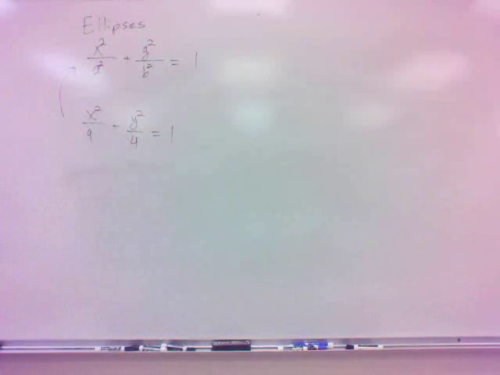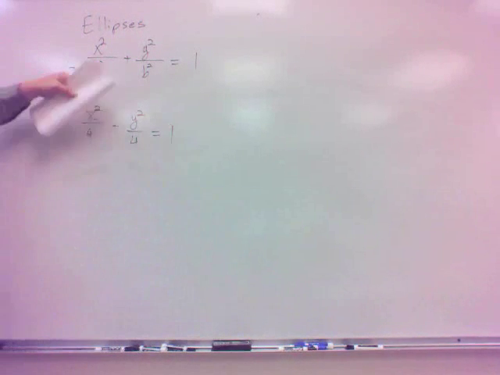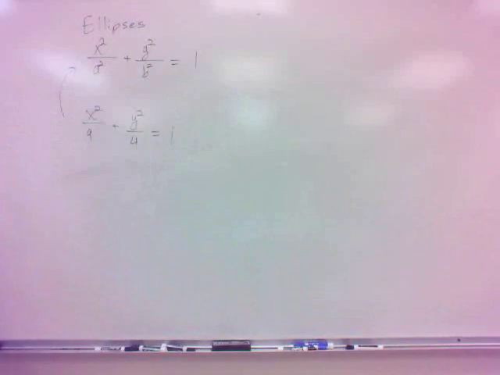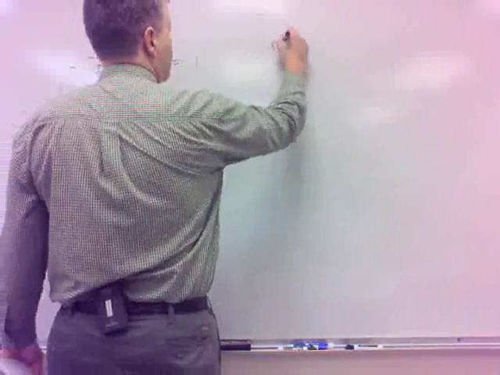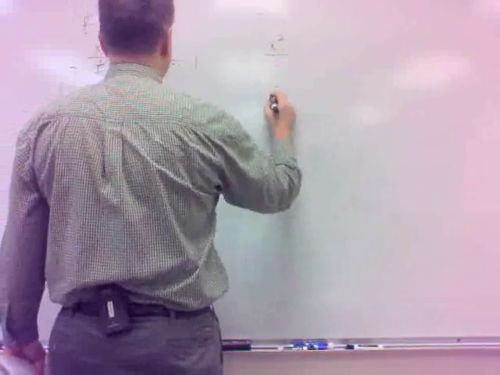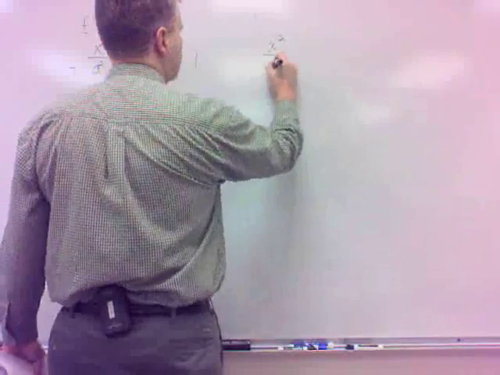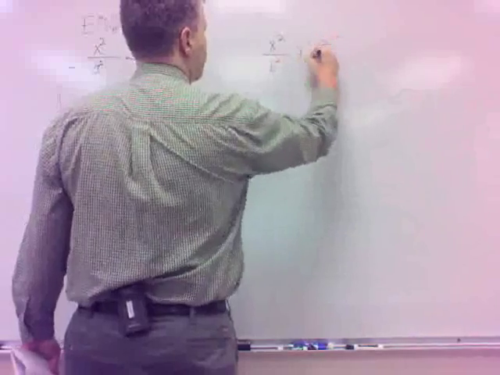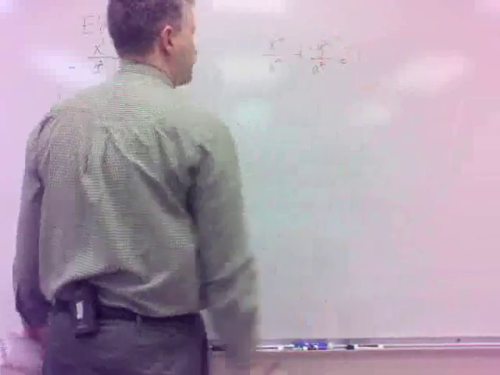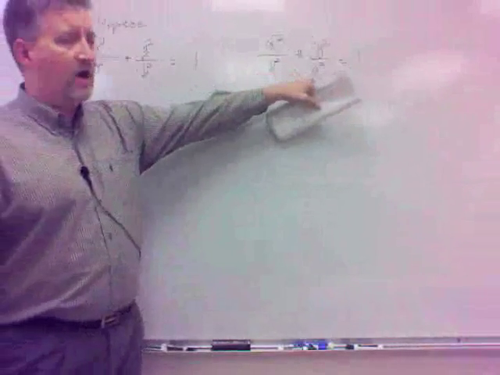On the ellipses, though, you generally want the a squared to be bigger than your b squared. You don't have to have it that way, but if you have the other way, you could have it the other way here, where the a squared, the bigger one, is under the y.